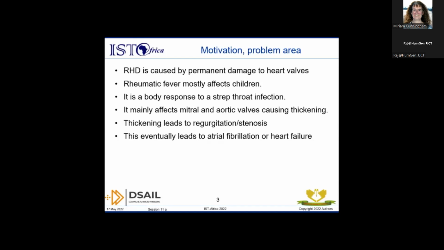Rheumatic fever is a disease that mostly affects children, and it starts as a strep throat infection. So what happens is that there's an autoimmune body response to the strep throat infection, and this infection is caused by a group A streptococcal bacteria.